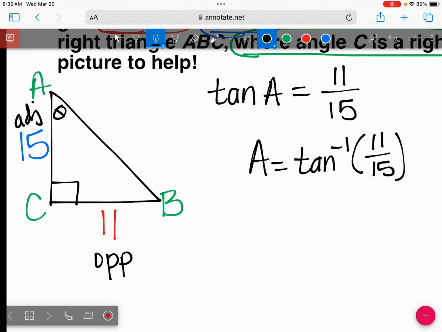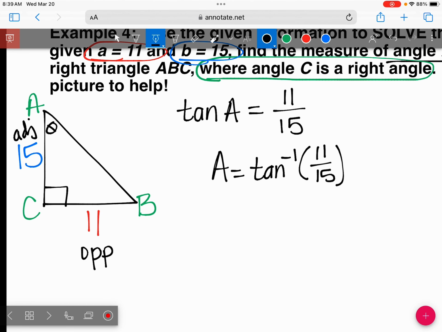So inverse tangent of 11 over 15 should give you 36.3. Who got 36.3?